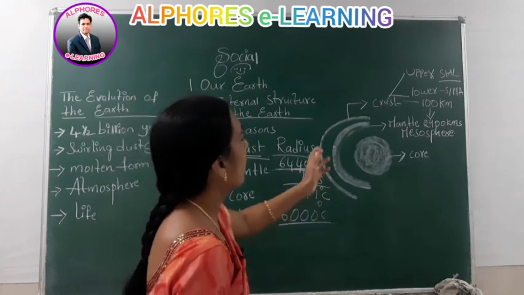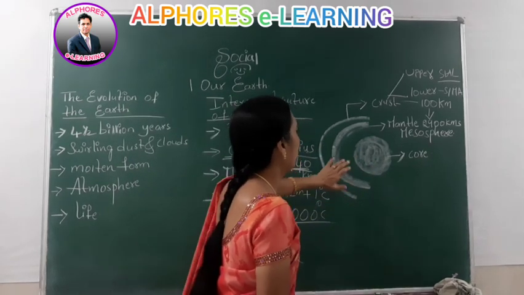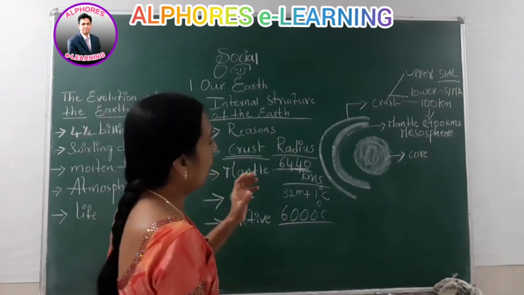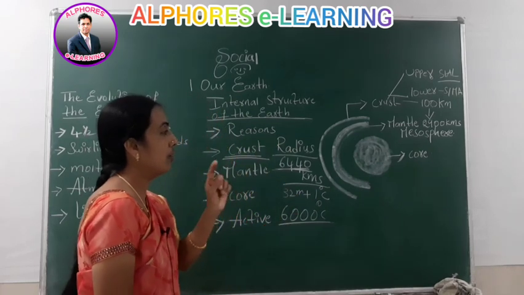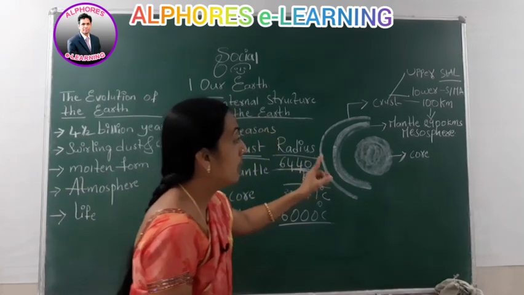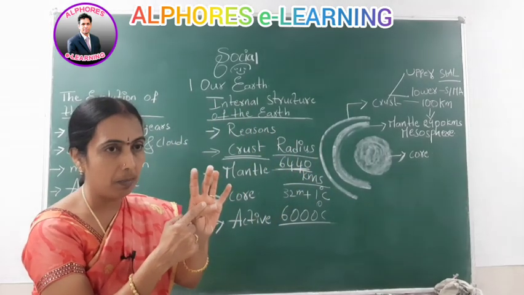Next go to the third and innermost layer of the earth, that is called core. How was it formed? The first point is, the innermost layer of the earth's interior is core. First point completed.